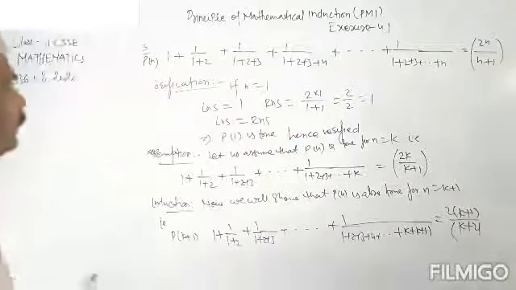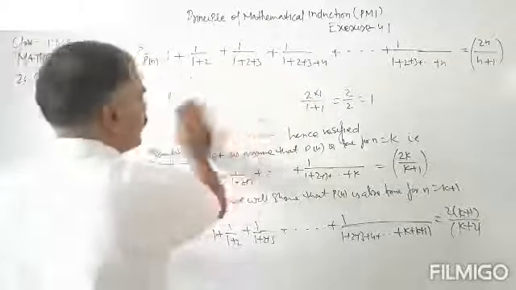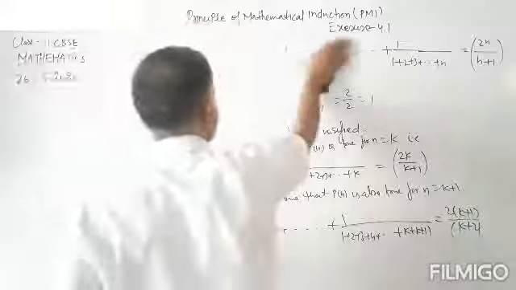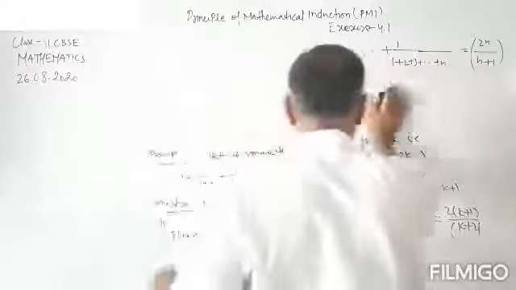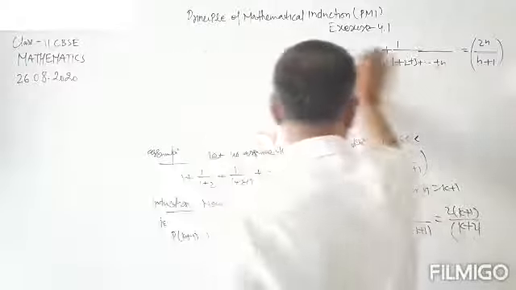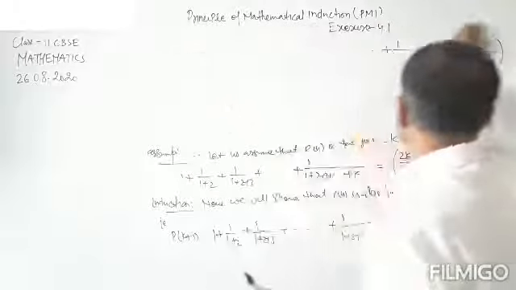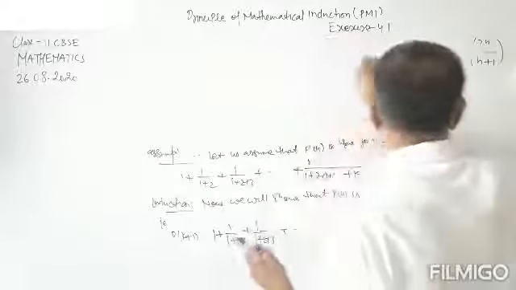Okay, so now let us start from the left hand side of the induction. Starting from the left hand side of the induction and using the assumption, we will show that this is equal to the right hand side of the induction.